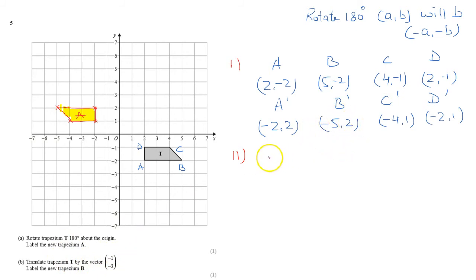So the first coordinates are (2, -2). We translate by -1 and -3, so it will be (1, -5). This is (5, -2), -1 and -3, so it will be 5 minus 1 is 4 and -5.